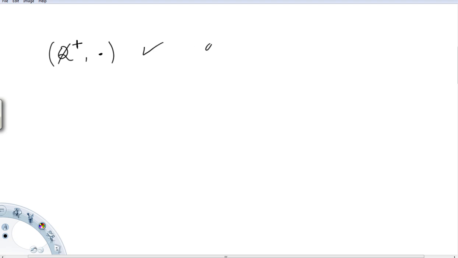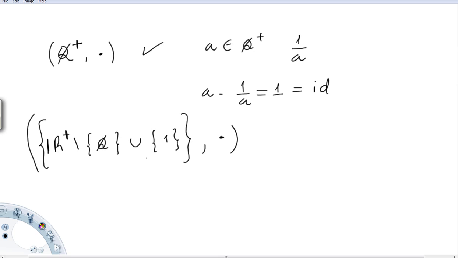The inverse of any element a in the positive rationals will be 1 over a, because a times 1 over a equals 1, and 1 is the identity for the multiplication in the positive rationals. So yes, this is a group.